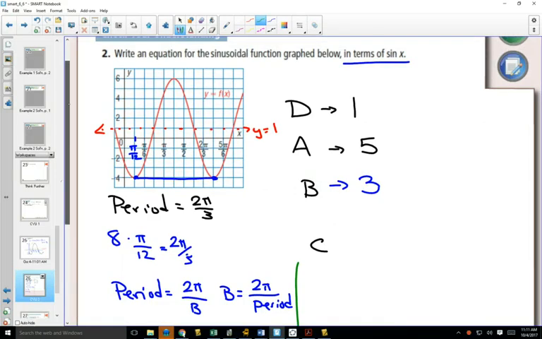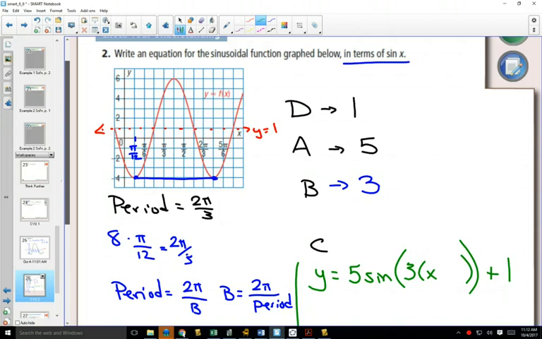And the c is the only thing that can change that can make us have an infinite amount of answers. So what you'll do is once you figured out d, a, and b, you'll start writing your equation. So I know that my a value is 5. I need it in terms of sine. I know that my b value is 3. I'm going to leave space for my c value, and my d value is plus 1. So we can start like this.